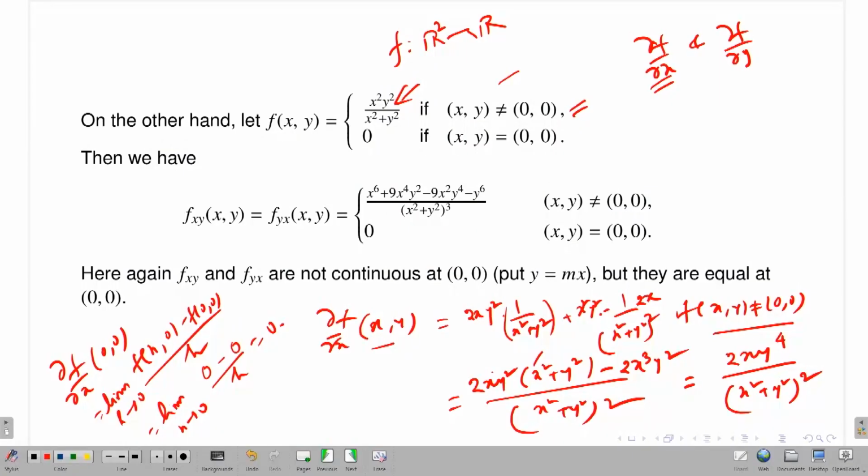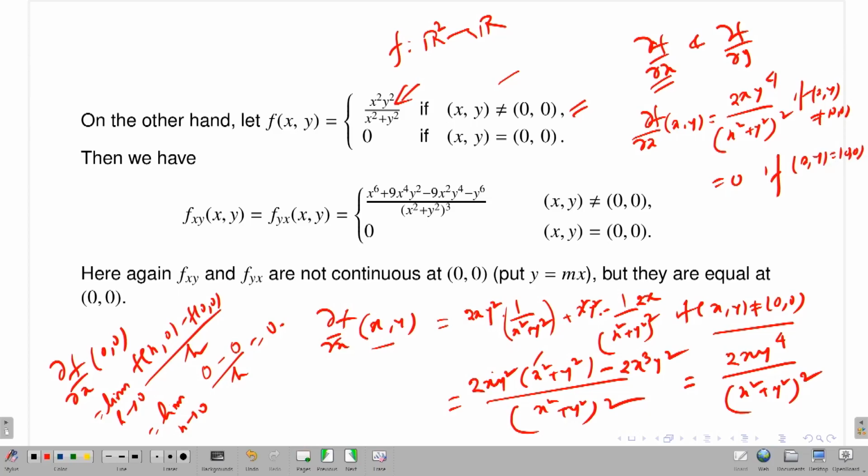So, therefore, if I write it clearly, I have del f del x at the point xy exactly equal to 2x y4 divided by x square plus y square whole square. This is true if my vector xy is non-zero, and this is 0 if my vector xy is 0 0. You can calculate it, right.